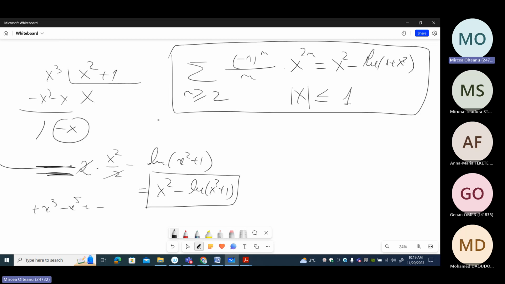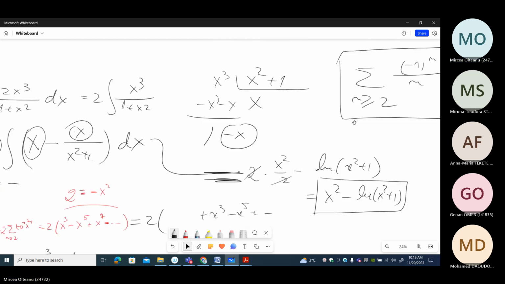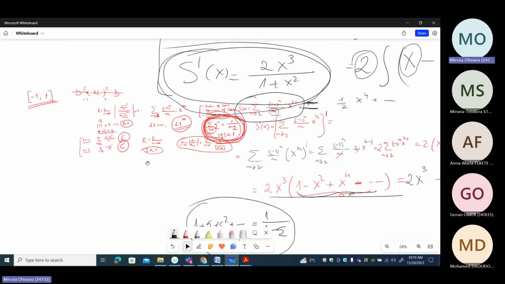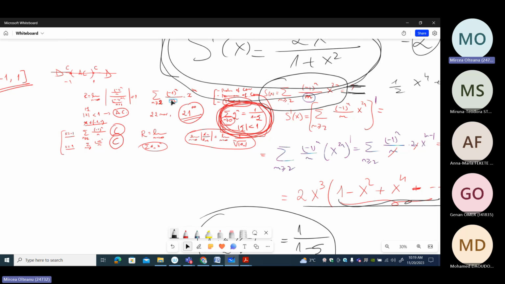Okay, if there is any question here, we can do the same by integrating. Actually, generally speaking, when the series has something with n in the denominator, it's good to differentiate, to simplify this n, or the corresponding expression.